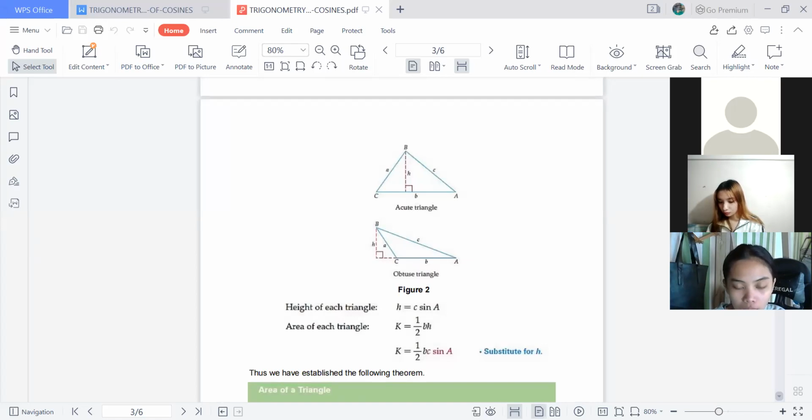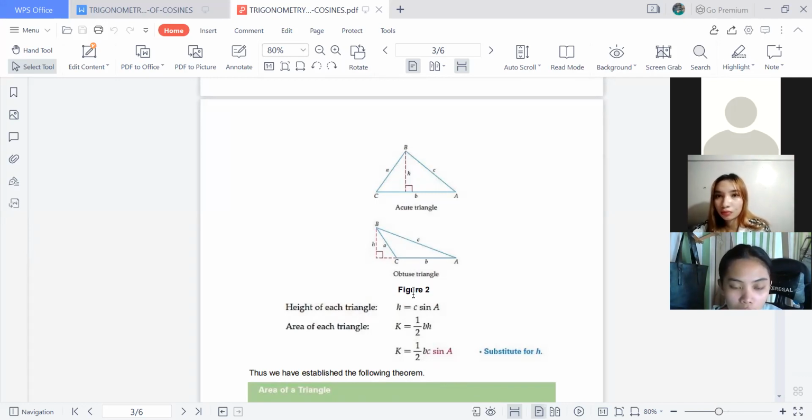And area of each triangle, we will have one half bc sine A. Since the height is equal to c sine A. Using this.